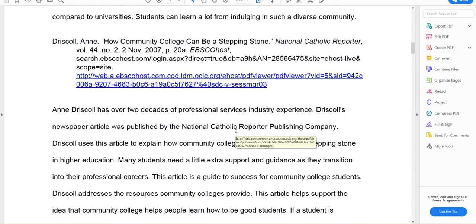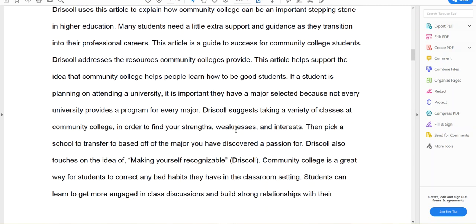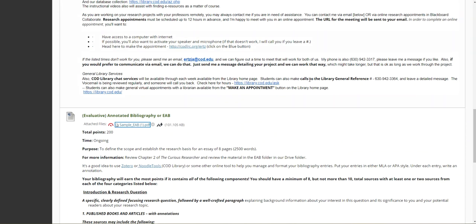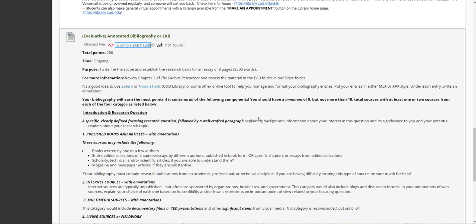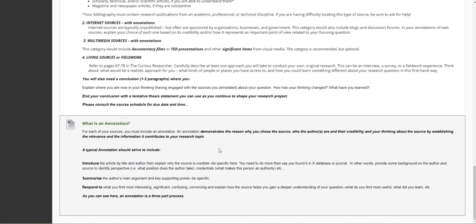So you can roll through this. Of course, it's just an example. Every annotation is different depending upon the topic and the sources. But as you move here to take a look, what an annotation is, I ask you to introduce the article and title, then explain why it's credible.